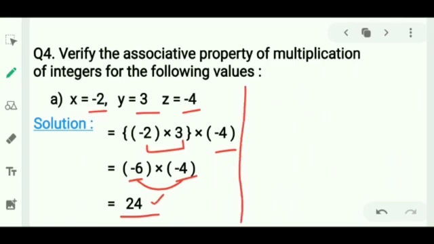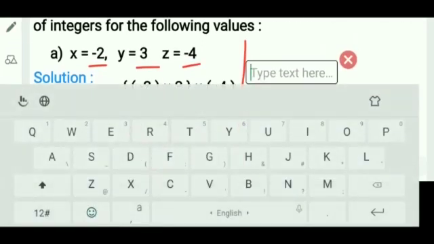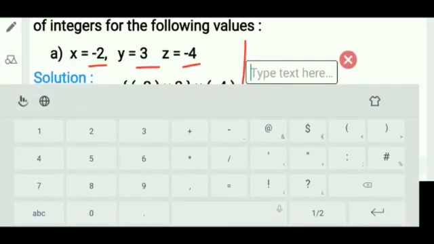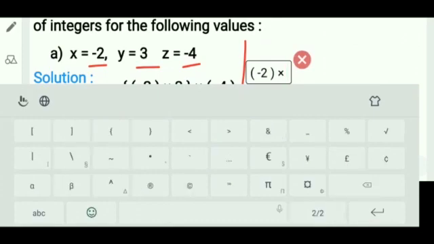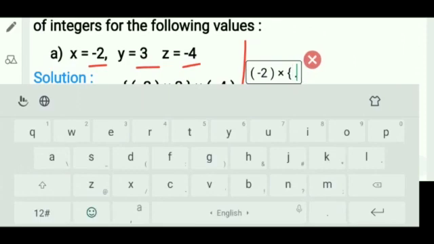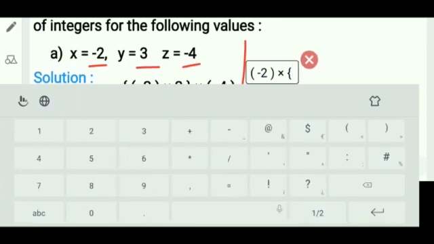Now if we change the grouping, now we take -2 multiplied by the group of 3 multiplied by -4.